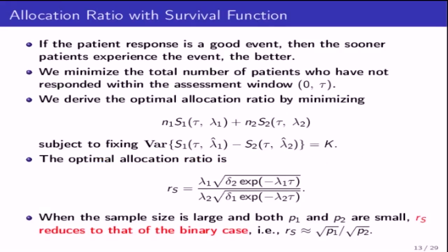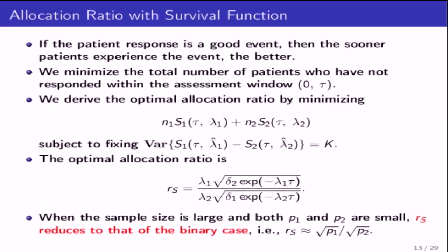You can also consider using the survival function. Typically, we think of the patient's response as a good event, and a patient being a responder is a good event. So the sooner the patient experiences the event, the better. So we can minimize the total number of patients who have not responded within the assessment window 0 to 12, and derive an optimal allocation ratio by minimizing this quantity.